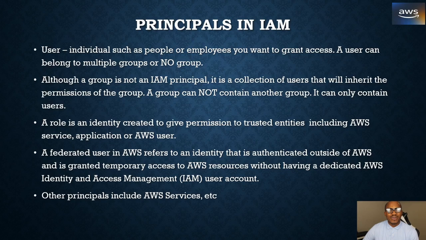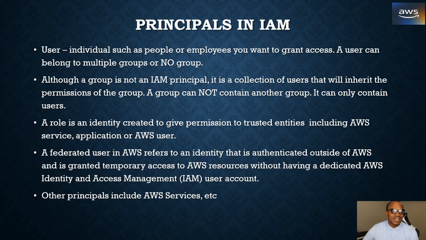We also have a role. A role is an identity created to give permission to a trusted entity, including AWS service, application, or users. And we have federated user. A federated user is an identity that is authenticated outside of AWS and is granted a temporary access to your AWS resources without having to own an IAM user.